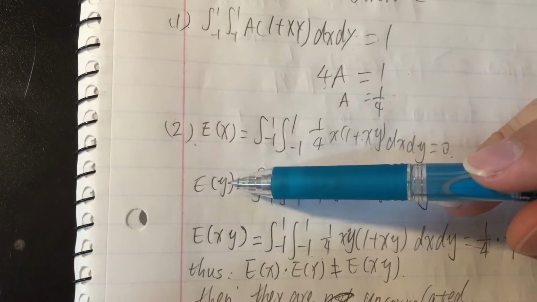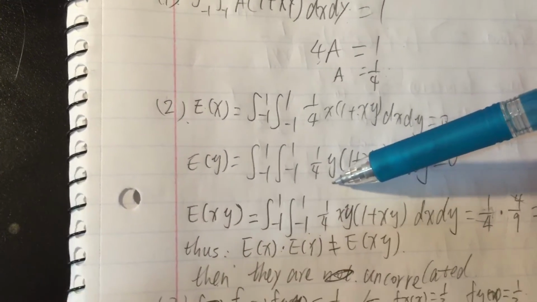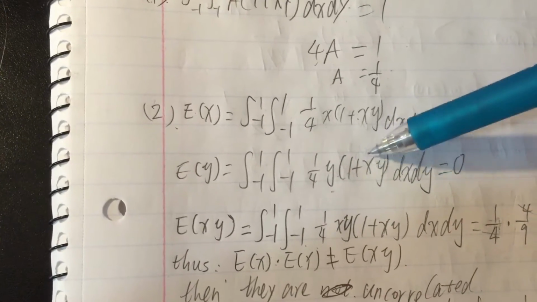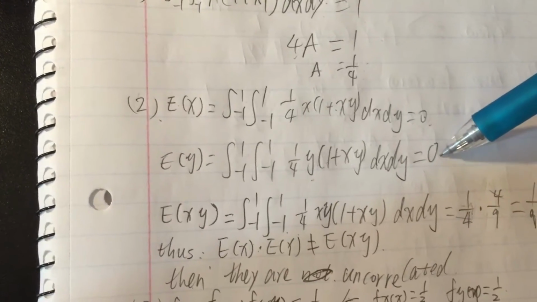For the expectation of y, we do the same thing, but here it is a times y times (1 plus x times y) dx dy, which is also equal to 0.